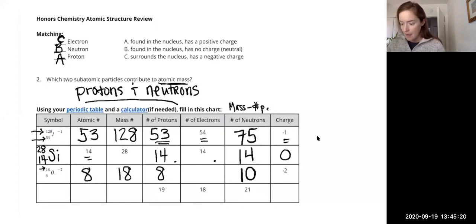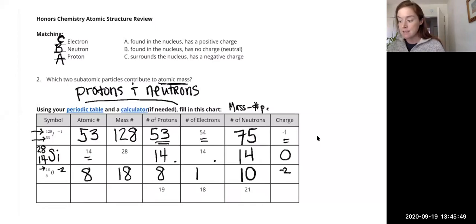Okay, look. What is the charge of this oxygen atom? It's written in 2 places. You got it here, -2. You also see it here, right? -2. So what does that tell you? That tells you that there's 2 more negative particles than positive particles. And you already know that there's 8 positive protons.